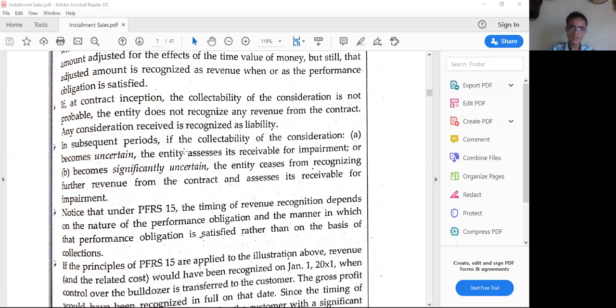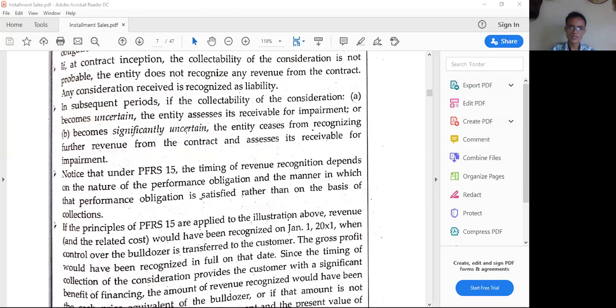All right, then if collectibility, or collectability, which is the same, becomes uncertain, then we have to assess for impairment. That's also a possibility, especially for long-term receivables like installment sales receivable.